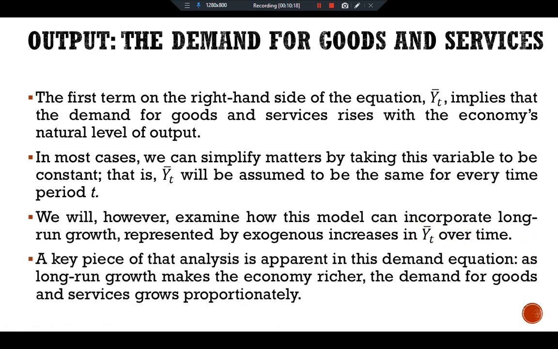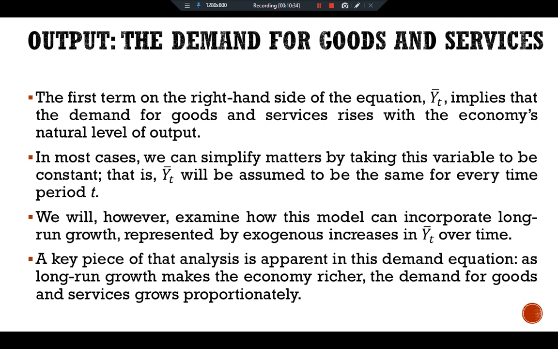A key piece of that analysis is apparent in this demand equation. As long-run growth makes the economy richer, the demand for goods and services grows proportionately.